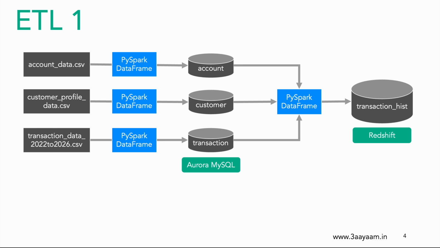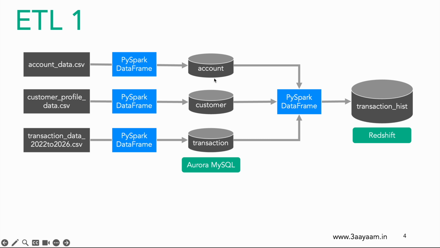After that, you'll have to create the transaction history table in Redshift. Here also, you'll have to do some transformation using PySpark data frame APIs. You'll have to fetch the records from the account table, customer table, and transaction table, do the transformation as per the table structure that I have shown you in the previous slide, and then load the records into the transaction_hist table. And this should be in Redshift.